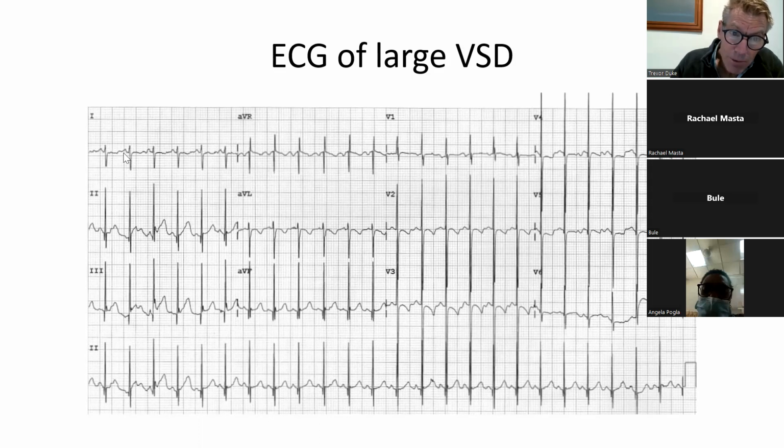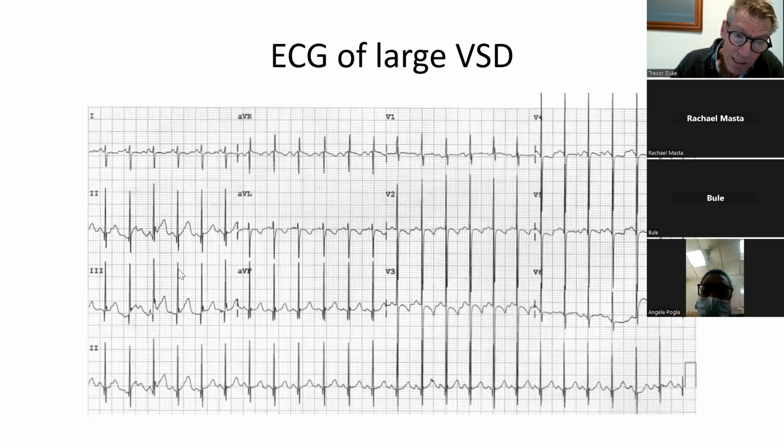There's a normal PR interval because there are less than 3 small squares from the start of the P to the start of the R wave. The width of the QRS is normal, isn't it? Because it's 2 small squares or less. There's no evidence of a bundle branch block or anything like that.